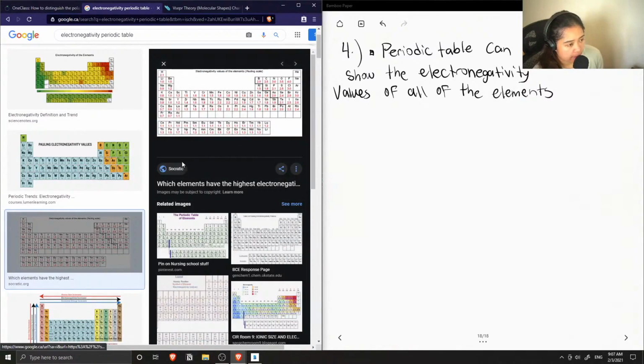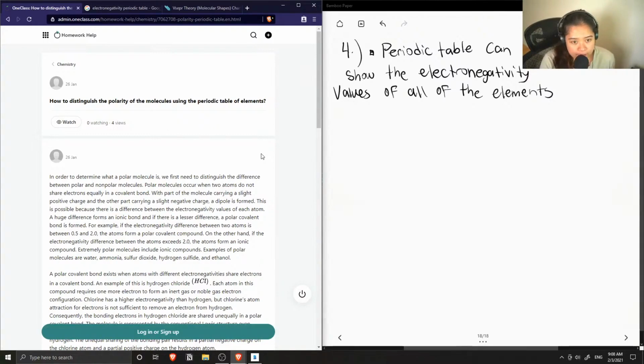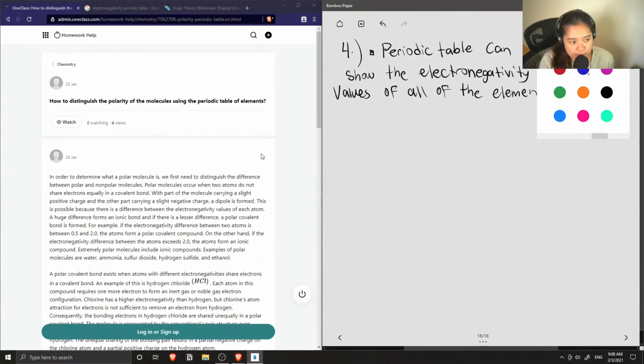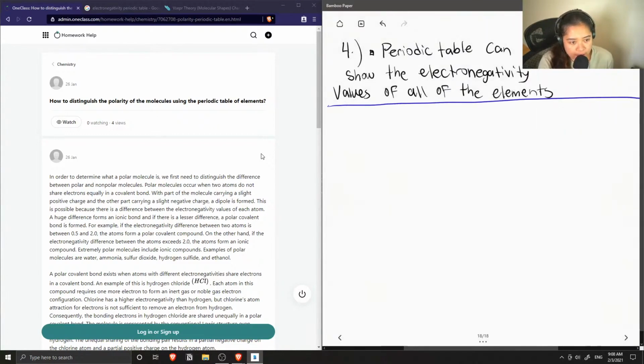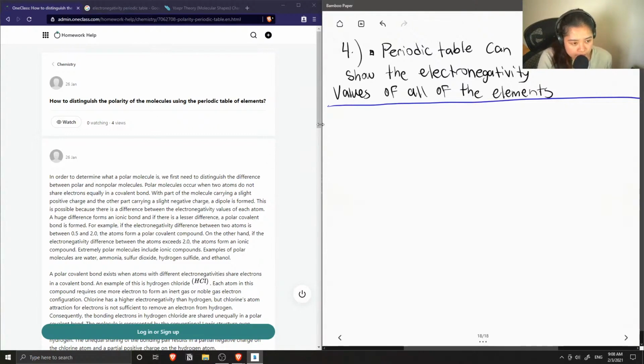So here's a periodic table that only includes electronegativity values of the elements. So now we can have different types of molecules, and depending on their electronegativity values, this can tell us about the polarity of the molecule.